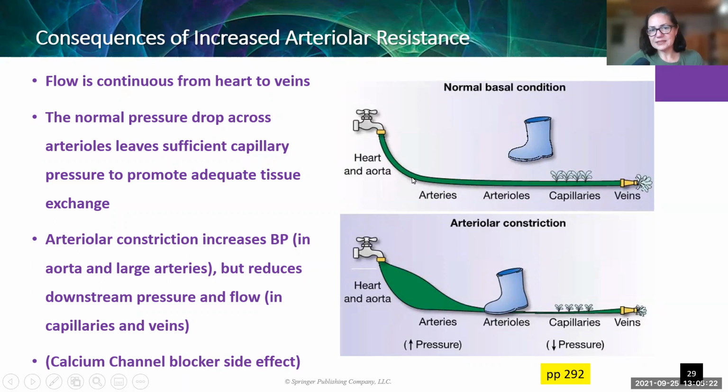That's going to lower the pressure in the larger arteries. But look, you're getting more squirting out by the capillaries. You're actually going to get more edema out in the tissues. And I just wanted to point out that some of these side effects seem counterintuitive, but this is the explanation for that one.